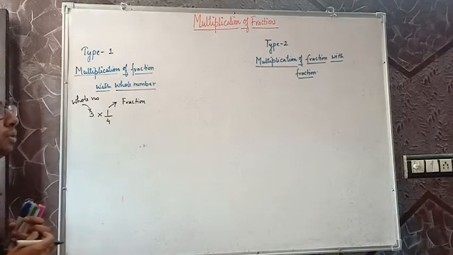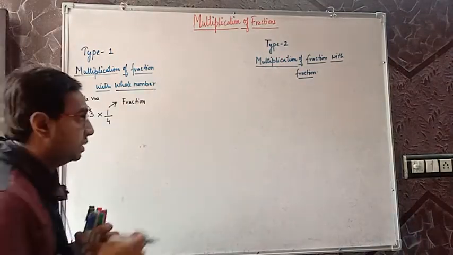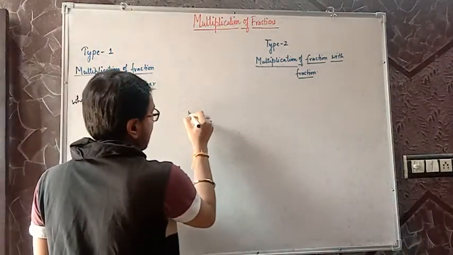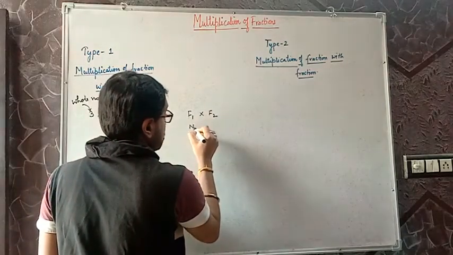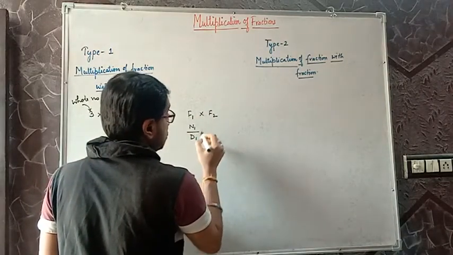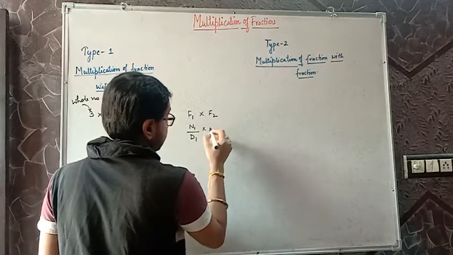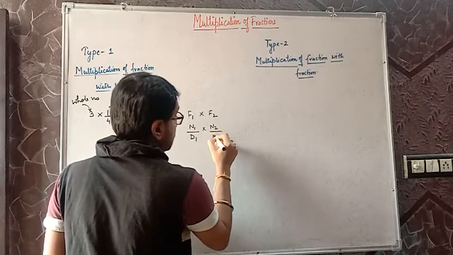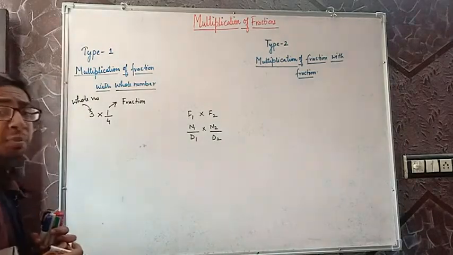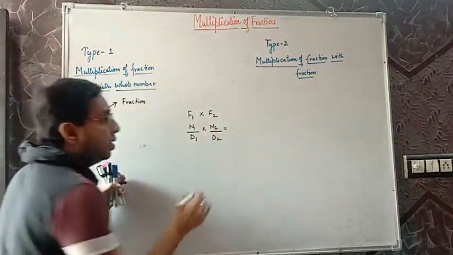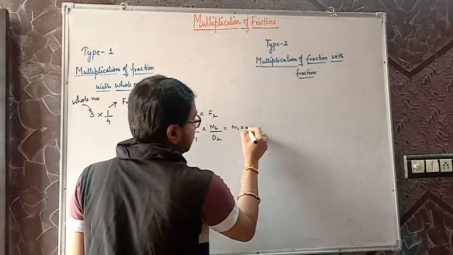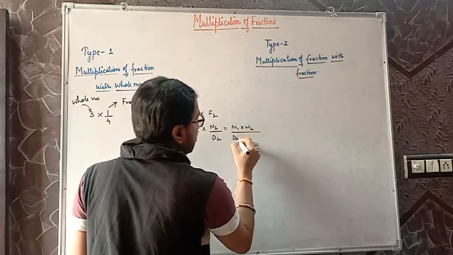See, there is a simple rule for the multiplication of fractions. For example, if we are having fraction f1, n1 upon d1, and fraction f2, n2 upon d2, in multiplication what will happen? The simple rule is multiply numerators together and multiply denominators together.